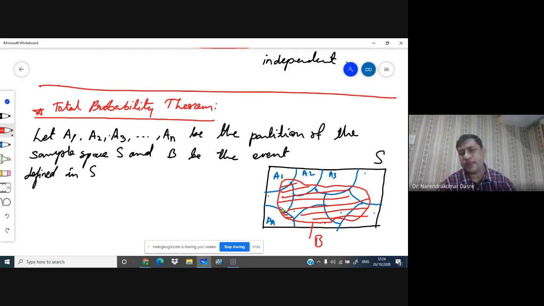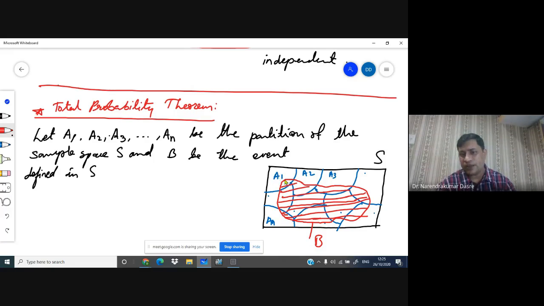So the intersection of this event B with the previous events may or may not be empty. Hence when we have the intersection, we have the conditional probability. Now I want to find the probability of this event B over this partition. This is the part that I have to consider from A1.